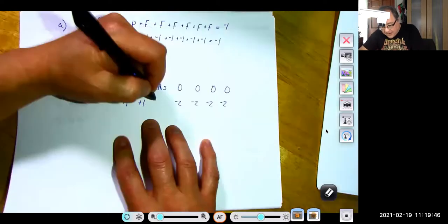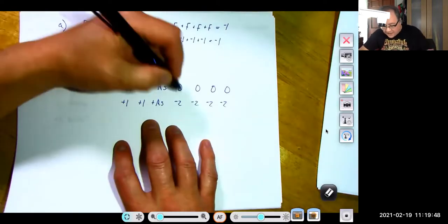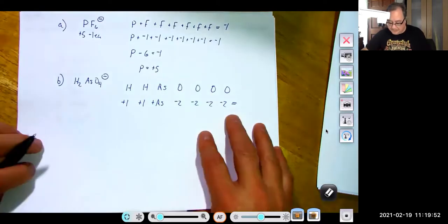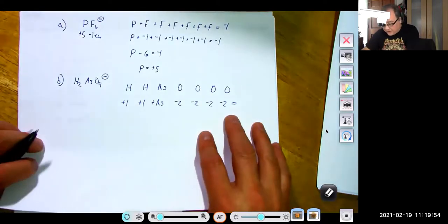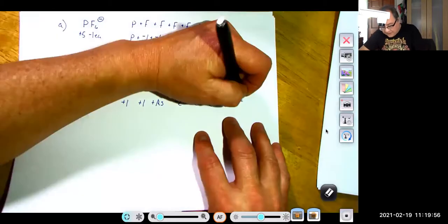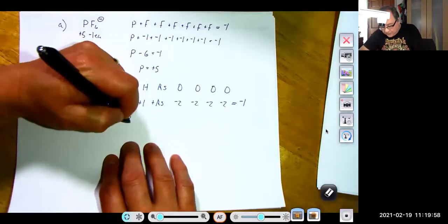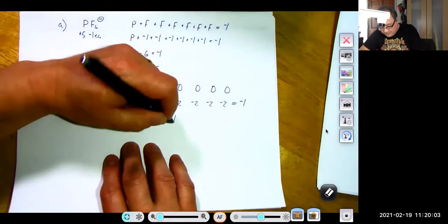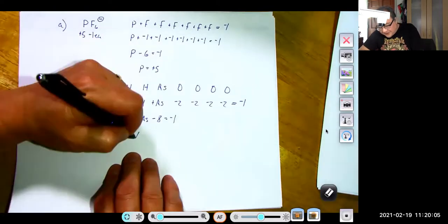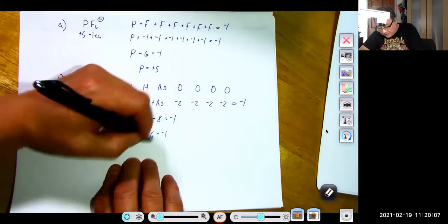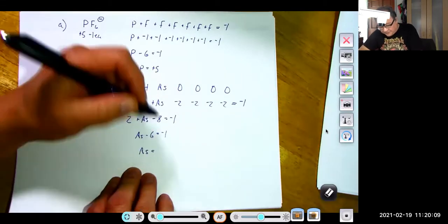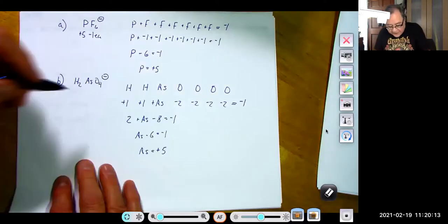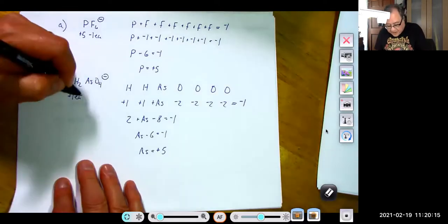And arsenic we have to figure out. So when we add up all these oxidation numbers, what should it equal? -1. So now we have 2 plus arsenic minus 8 is -1. Arsenic minus 6 is -1. And then arsenic must be +5, I think. So here, these are +1 each, +5 and -2 each.